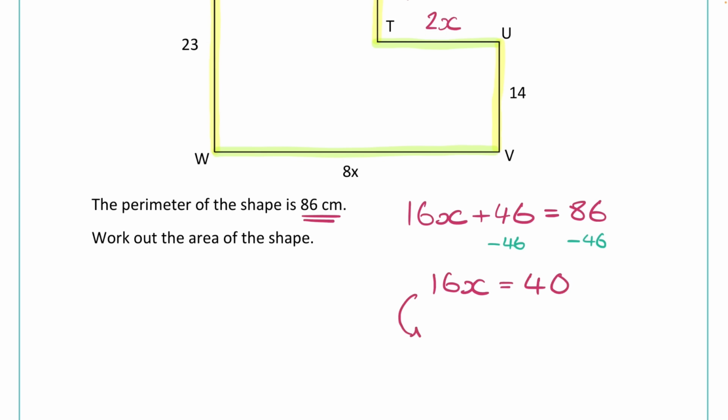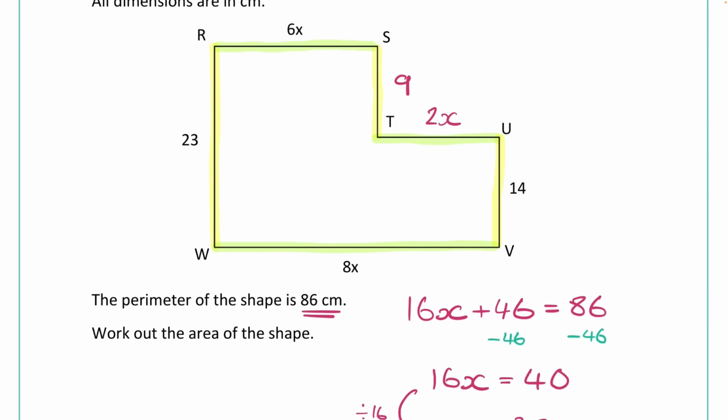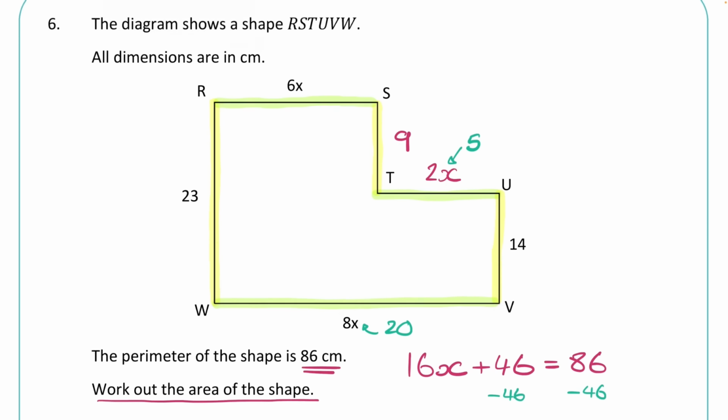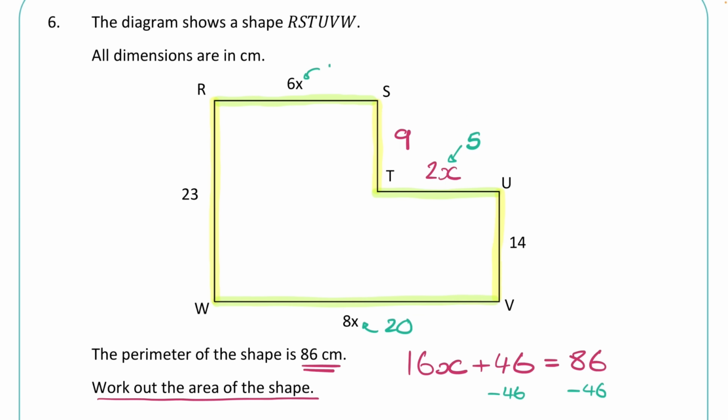I can now solve that equation, dividing by 16, and we get x is equal to 2.5. Now I know the value of x, I can substitute that back into the side lengths, and this particular question actually asked me to then work out the area of the shape. So if I substitute it back in, 2x would be equal to 5, 8x would be equal to 20, and 6x up here would be equal to 15.